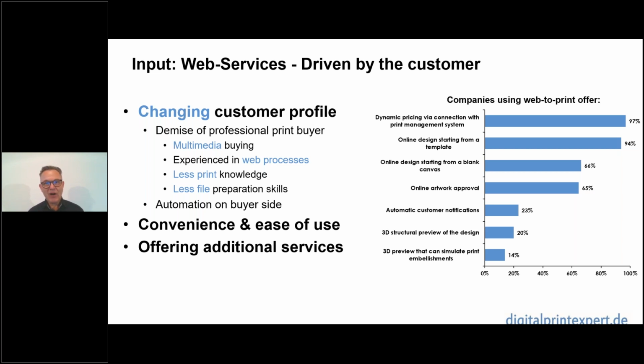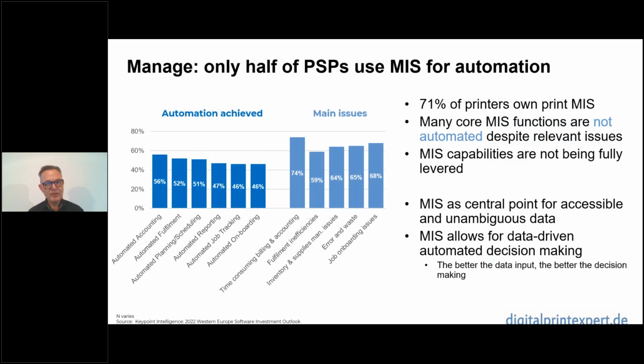And on the next slide, we see how that also has a big impact on the further processing of the jobs. Because today, 71% of all printers in Europe, according to the research, already own an MIS system. But from those who own an MIS, the automation achieved is still, I would say, fairly low. And looking at the main features that can be automated, it's around half of the printing companies that use it, the other half don't.